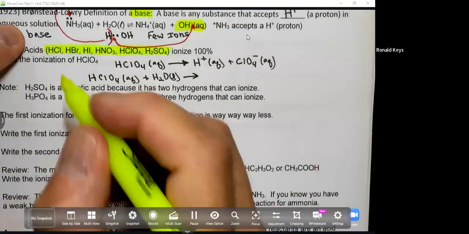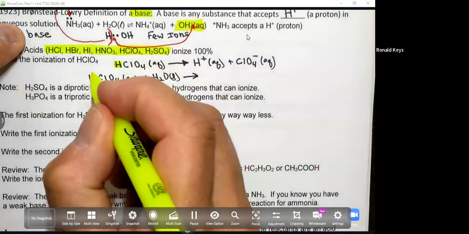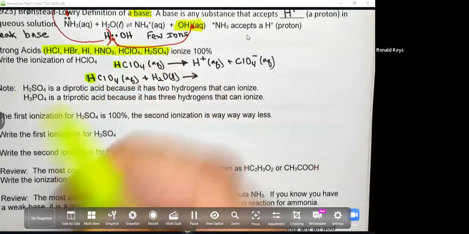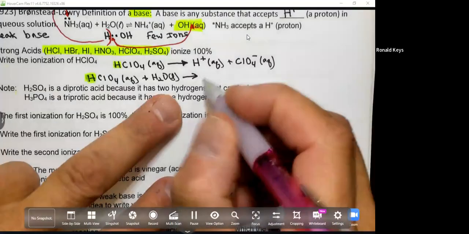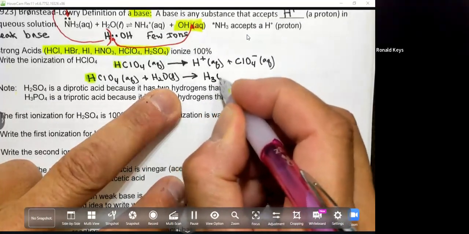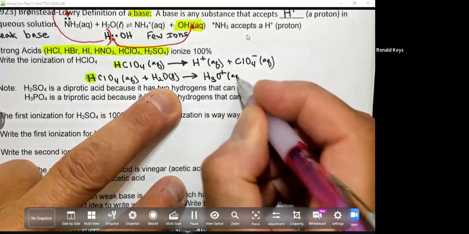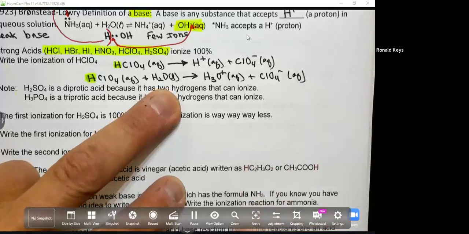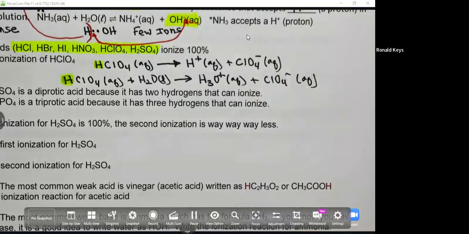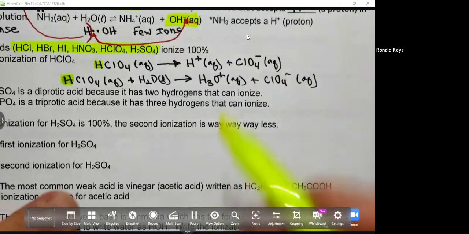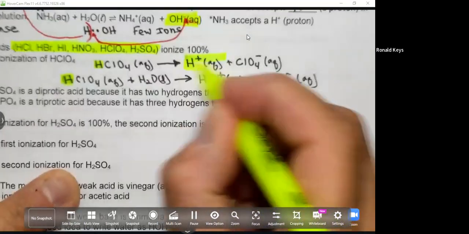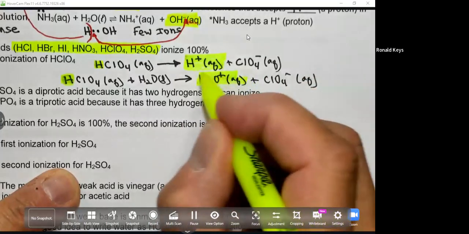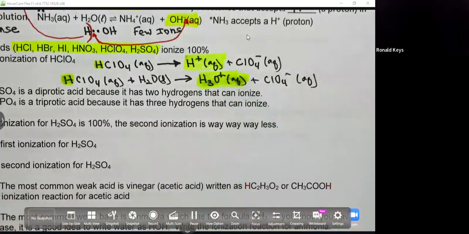Know that this is the hydrogen here that comes off. We are going to get H3O plus aqueous and ClO4 minus. This is essentially exactly the same. H plus in solution is the same as the H3O plus. This is a more accurate way to do it.